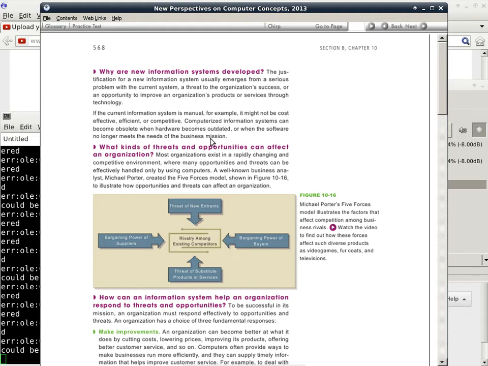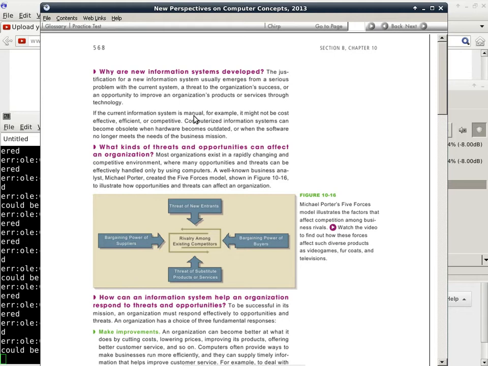Now it says right here that the current system can be manual. So in the example that we used on Tuesday, the library: 20, 30 years ago, all libraries relied on paper cards as their quote-unquote information system. But these days, it's not cost-effective anymore. You can still do it that way, definitely. It's just not cost-effective because libraries, especially public libraries, are running out of funding.